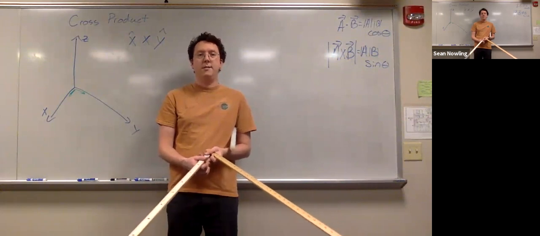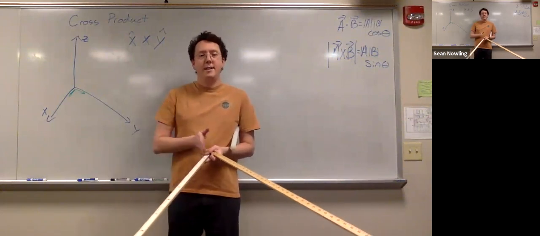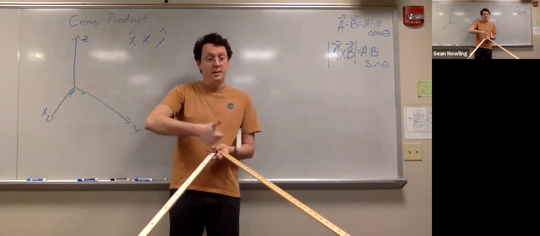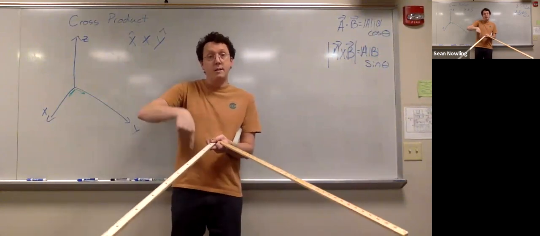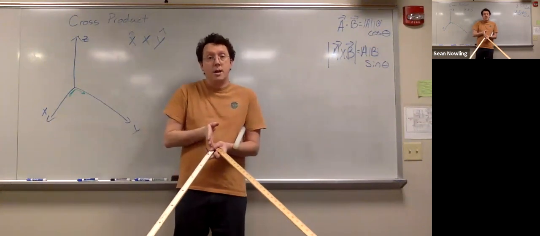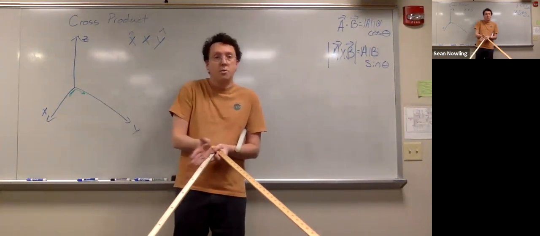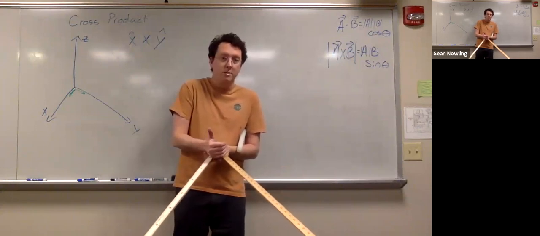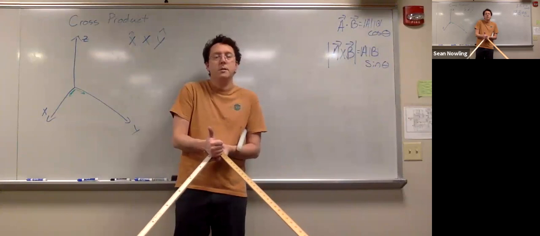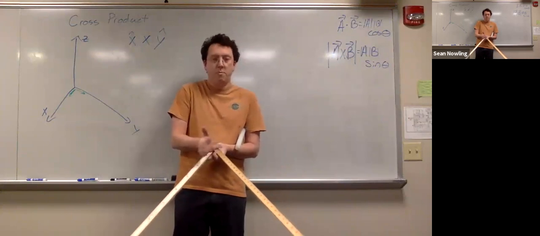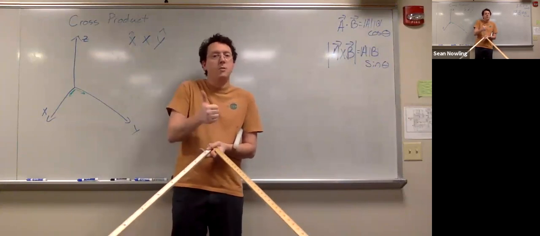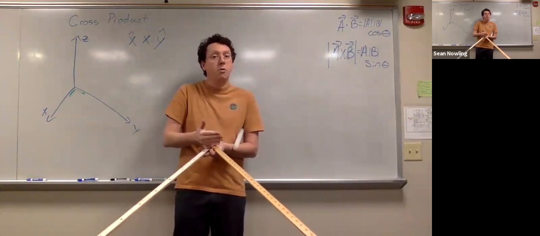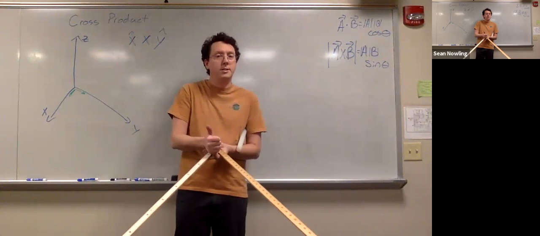X, Y, and Z, positive Z is going this way. Negative Z would be down. So x hat cross y hat. Do it with me. Bend your fingers from x hat towards y hat, and your thumb points up. So x hat cross y hat equals z hat.